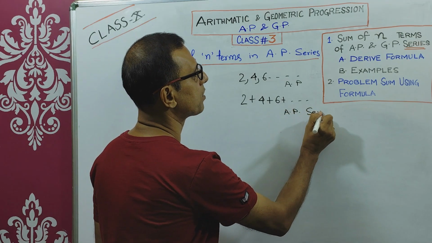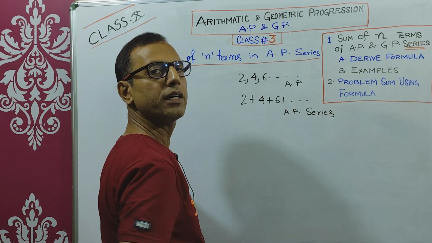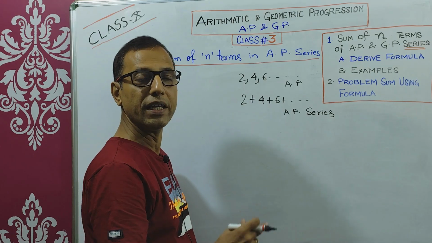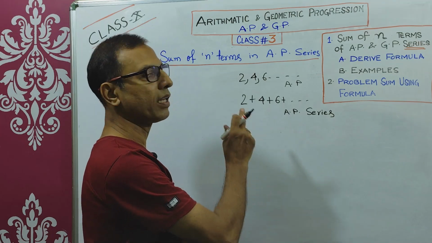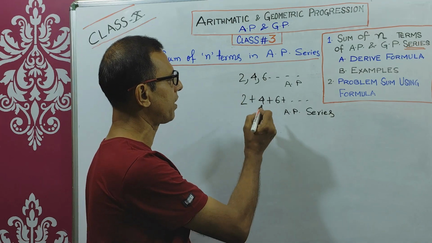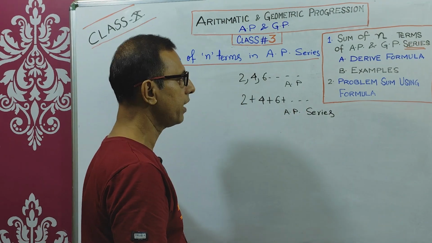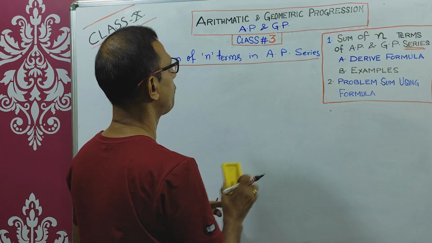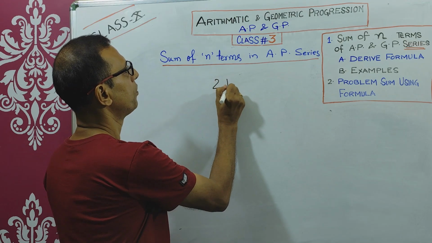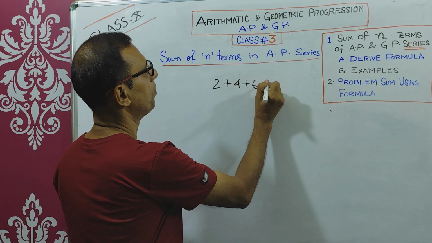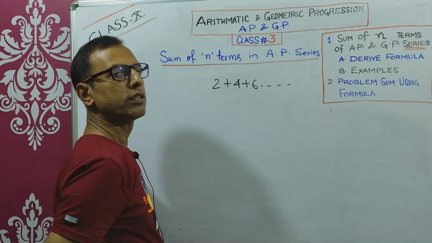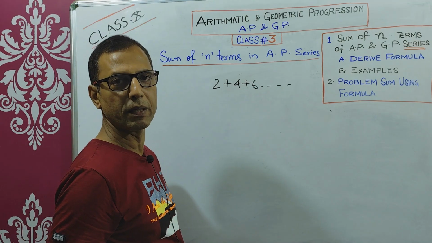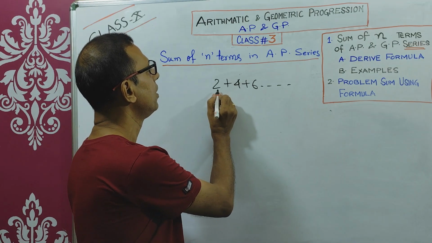If you express any pattern, not only AP and GP, in any polynomial form, that is, in the form of addition or subtraction, that is called a series, right? Now, if I ask you to find the summation of the first three terms in this particular AP, you can easily find it.